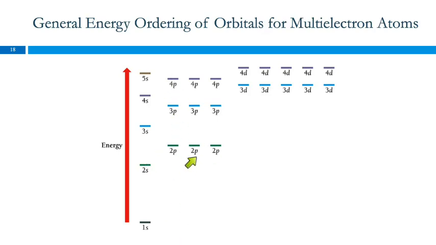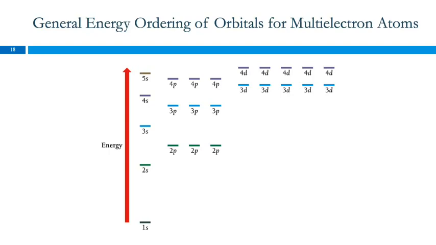So the farther up you are, the more the room costs. So this is the cheapest, and then this room is next, and then this room, then this one, and so far everything's making sense. But then this 4s room is cheaper than the 3d room. And it's because of penetration, or we can just say, well, that's the way it is.